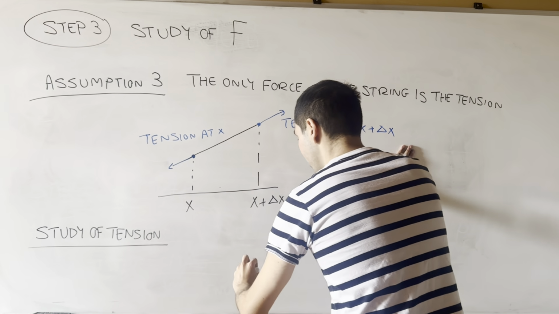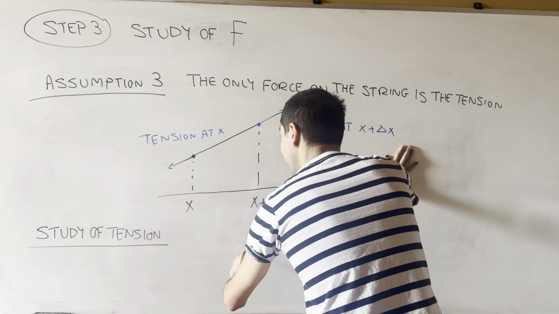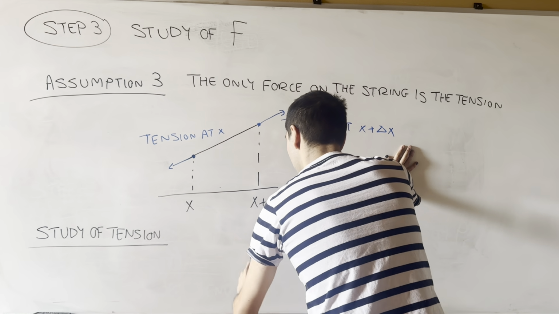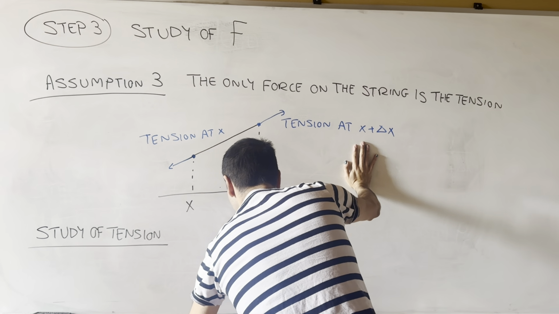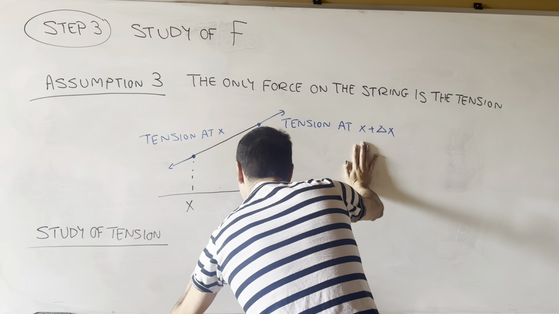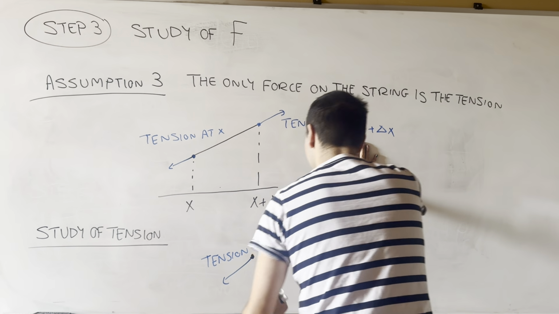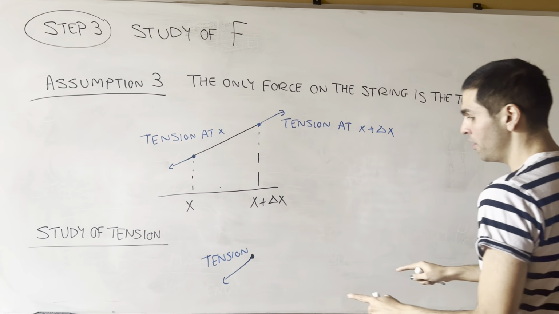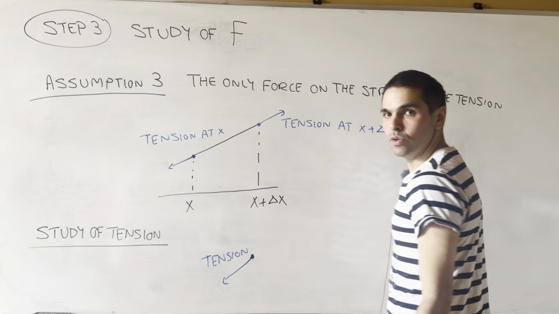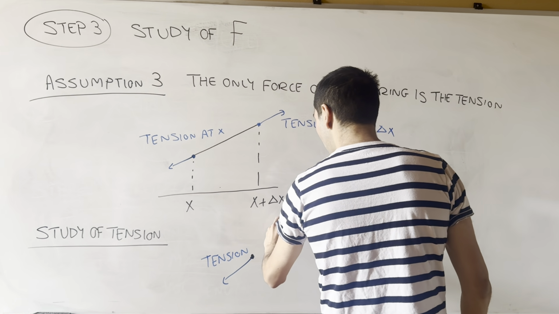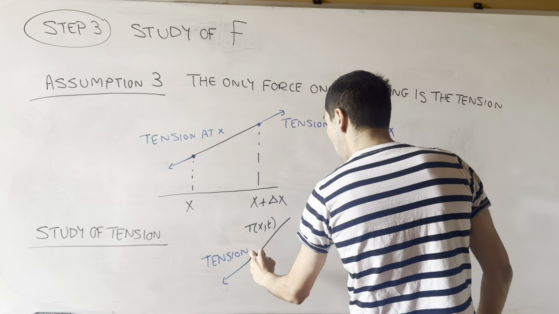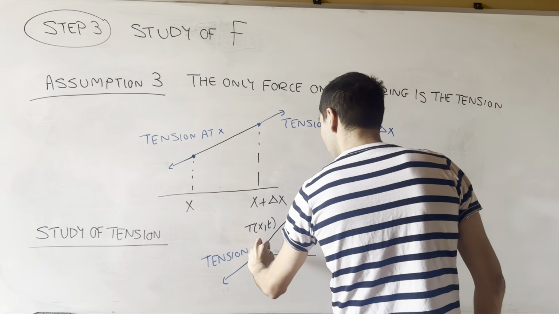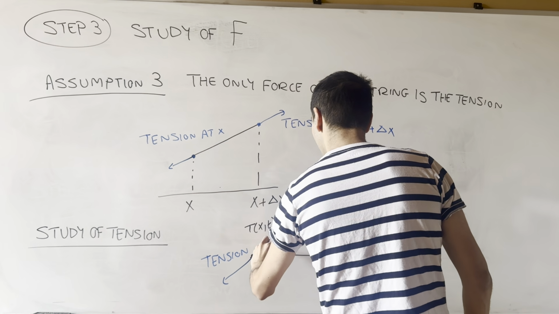So in particular, again, suppose we are at x. Then there is the force pulling it here. And in particular, the magnitude of the tension, we call this T of x,t. And the angle, we call it theta of x,t.